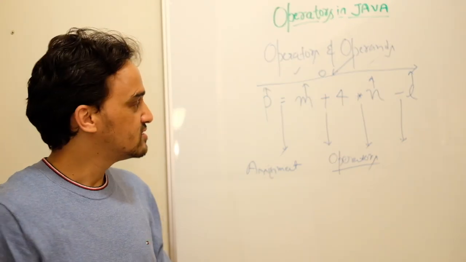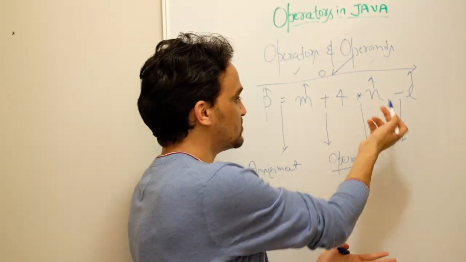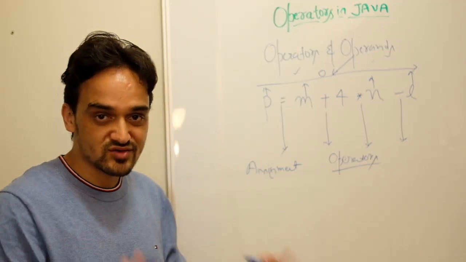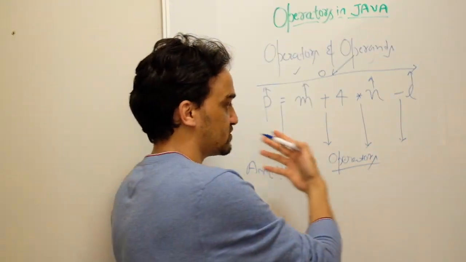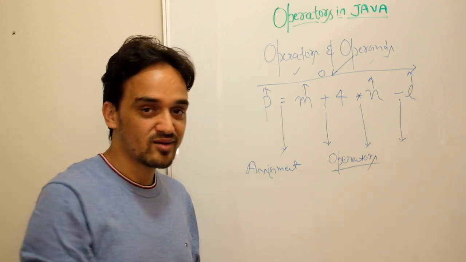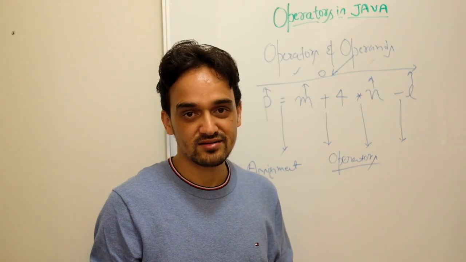Fair enough. So operators are nothing but the symbol or token which transforms or changes the value of our whole expression via an arithmetic calculation. Now we just learned what operators and operands are.